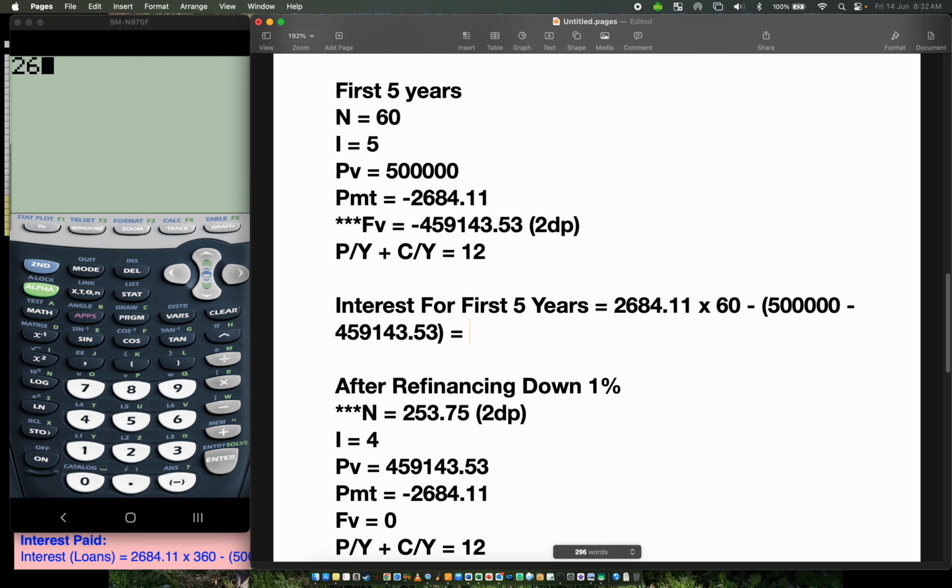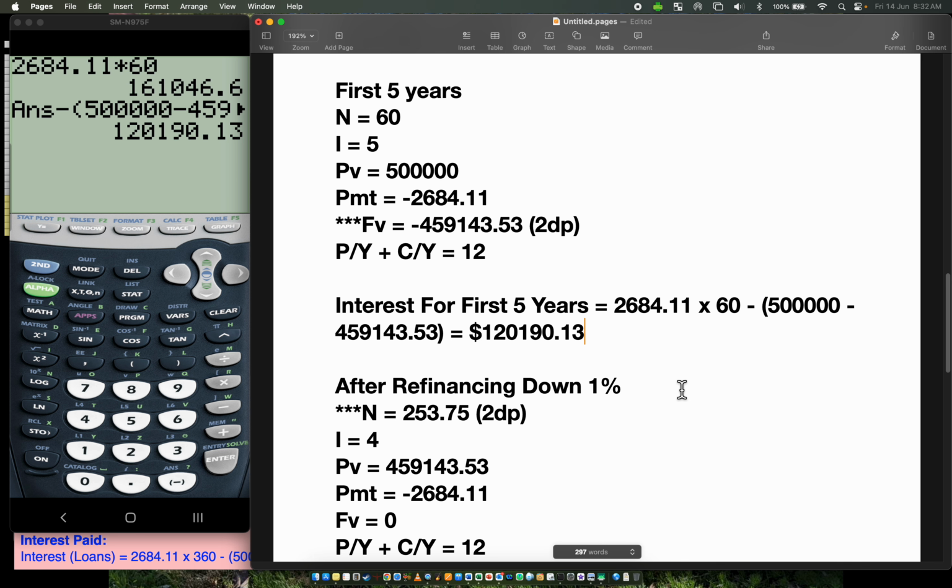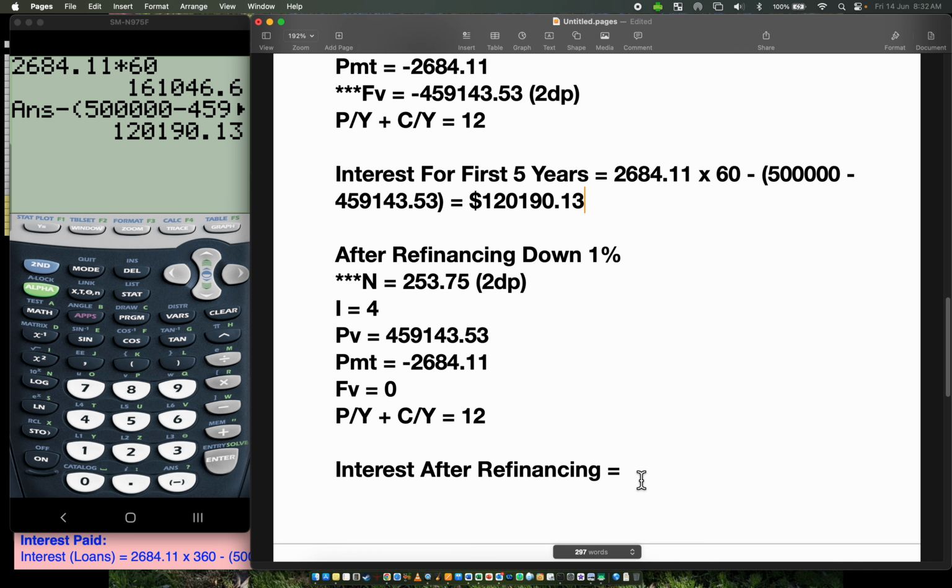So that's going to be 2,684.11 times 60, take away 500 grand, take 459,143.53. That tells me $120,190.13 interest in the first 5 years.